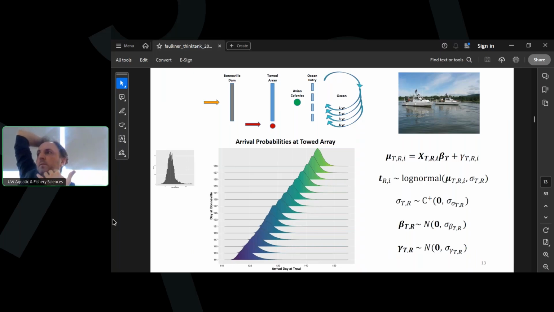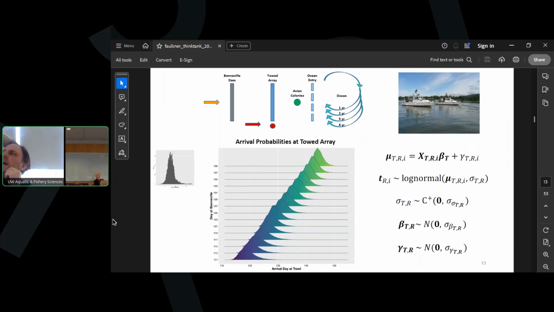So they all share this arrival distribution for each particular day, and that changes through time. So it can depend on covariates, flow, day of year. I haven't put any covariates in this.